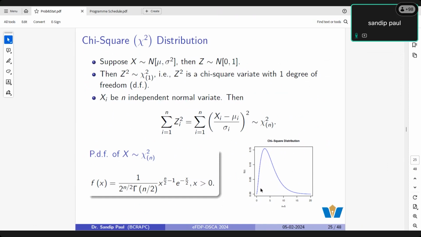It is a skewed curve, and you can see it is positively skewed, and its density function is given by this function. To analyze data through software, the function is not actually required. There are built-in programs in different software, so it is not required all the time. We need the concepts only.